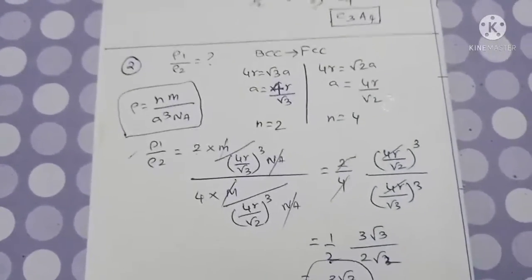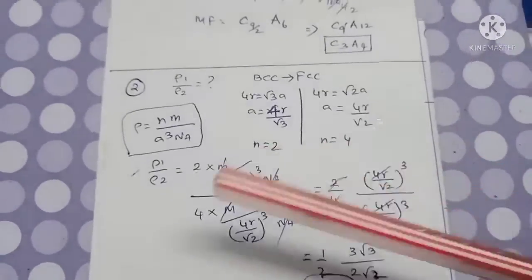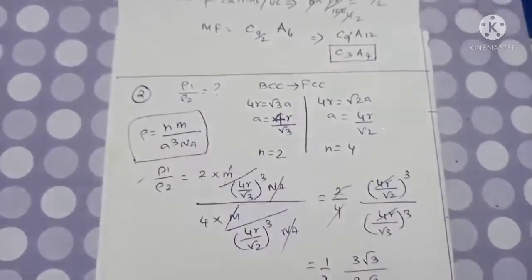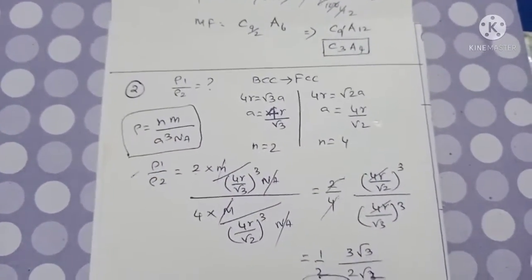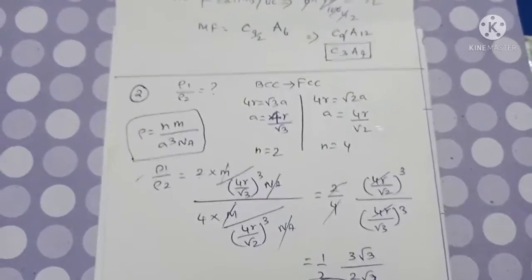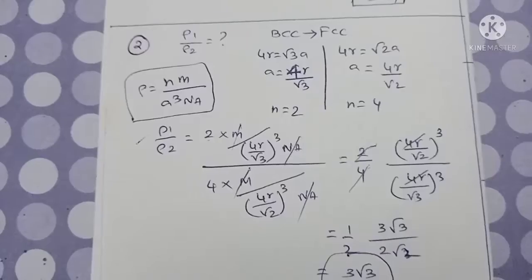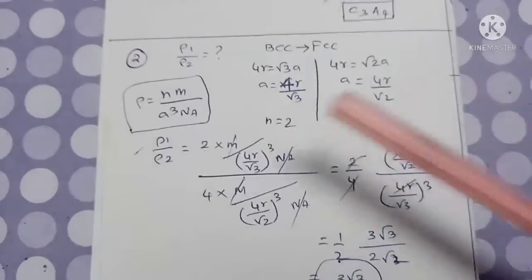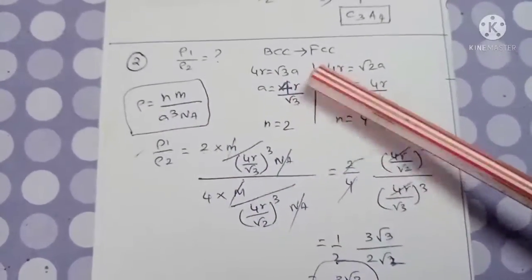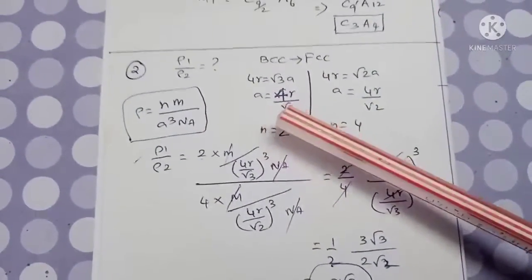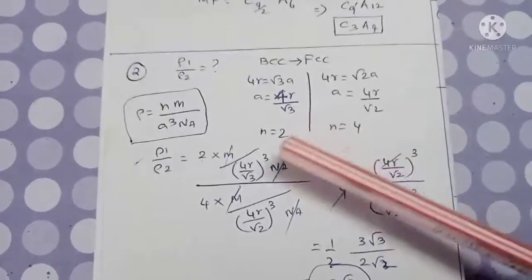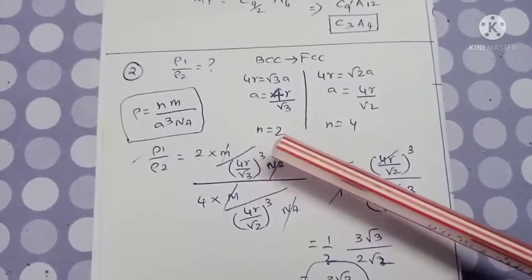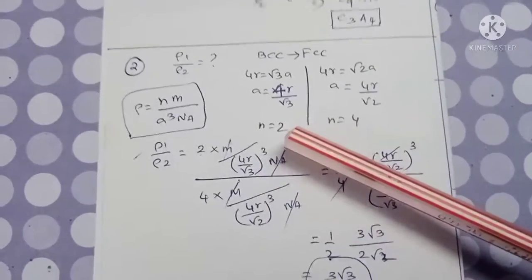The density formula is rho equal to small n into capital M divided by A cube into NA. For a BCC structure, you know that 4R is equal to root 3 A. Therefore, A equals 4R divided by root 3, and the number of atoms per unit cell in a BCC lattice is 2.